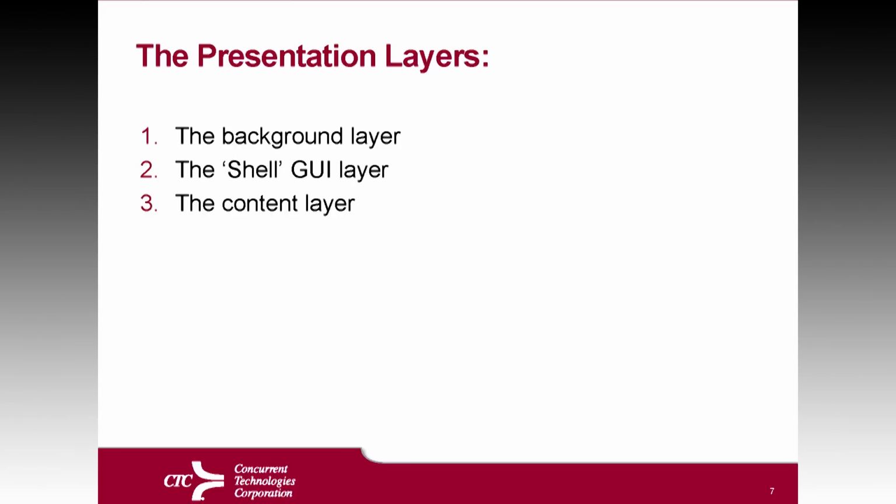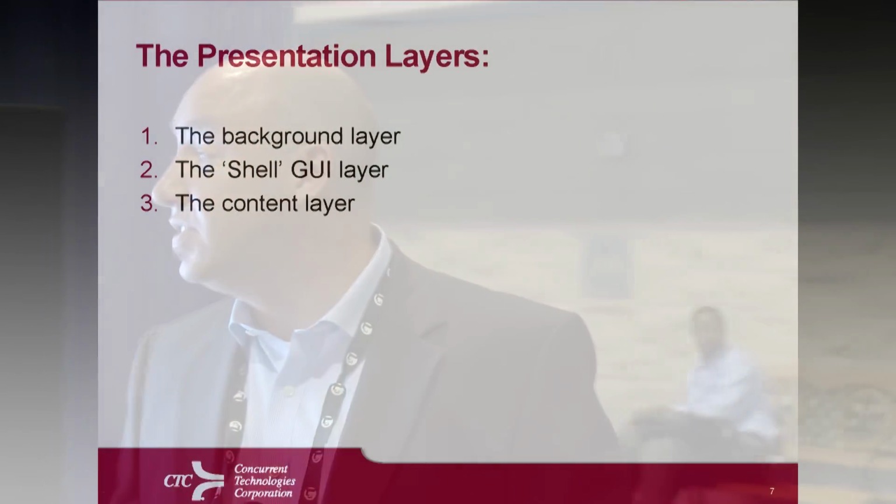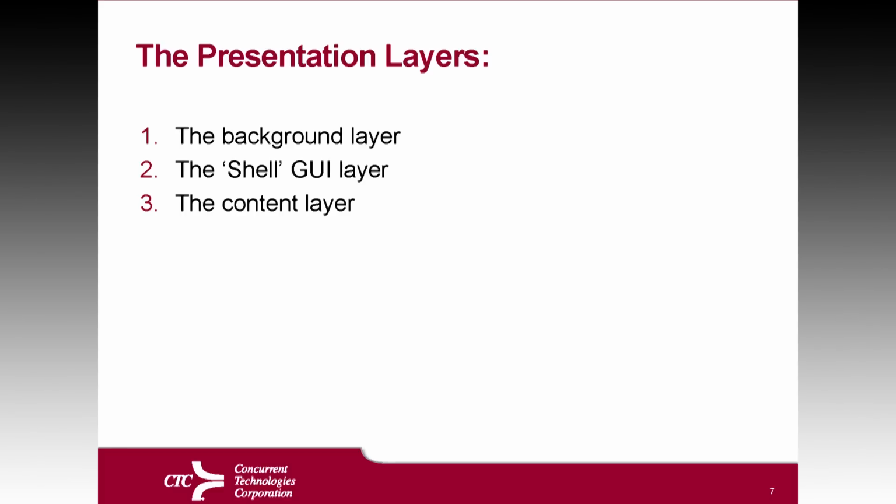Second, we have the shell or GUI layer. This would be things along the lines of constant interactive buttons, your next buttons, your back buttons, indexes, print buttons, things that remain on the screen at all times and are not content specific, but are your controls for that content. The third layer would be the content layer, and that's where you're going to have all that you're trying to communicate, whether it's marketing, whether it's e-learning, whatever you're looking to do, that's where that content's going to lie.